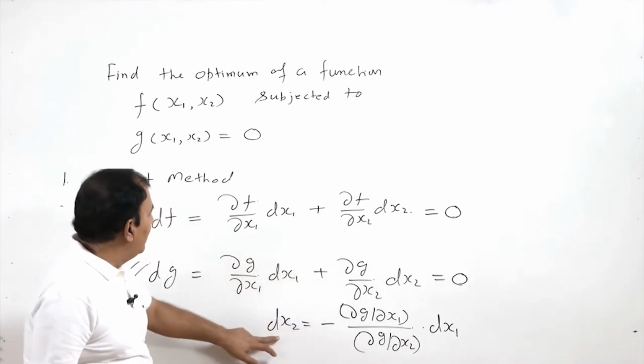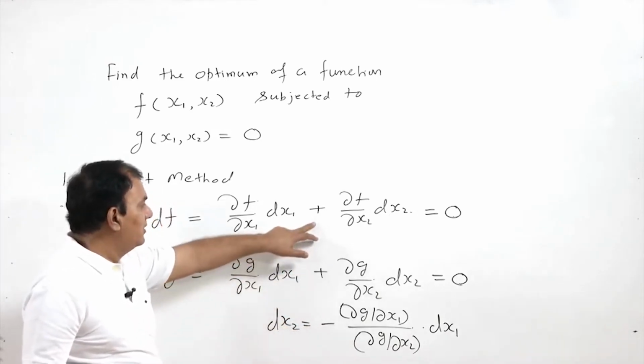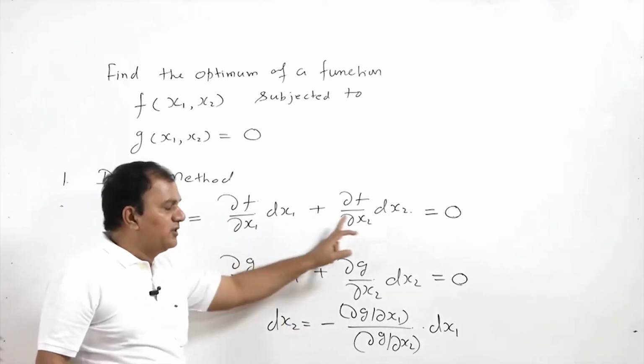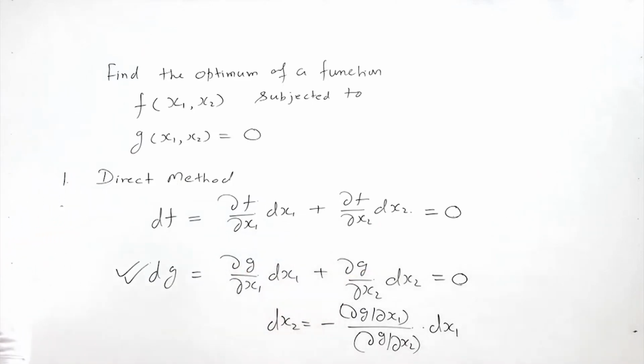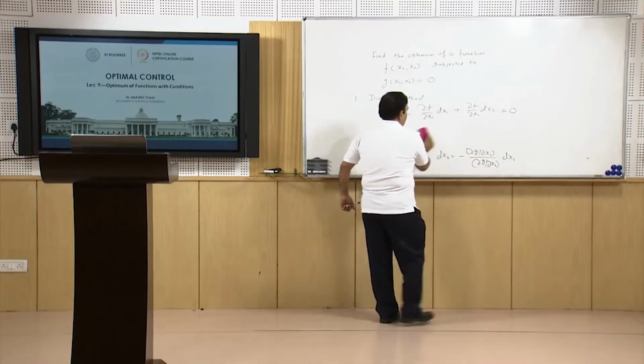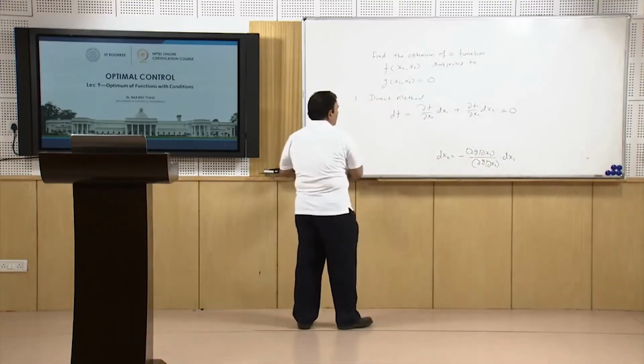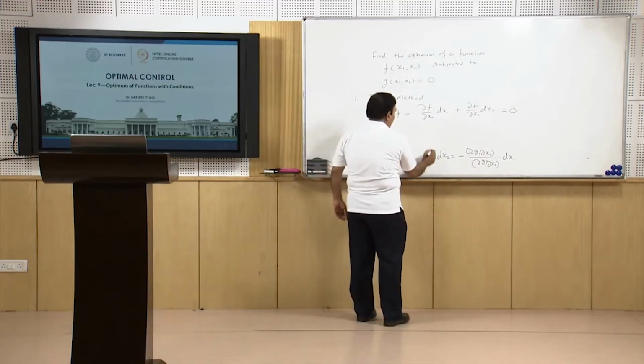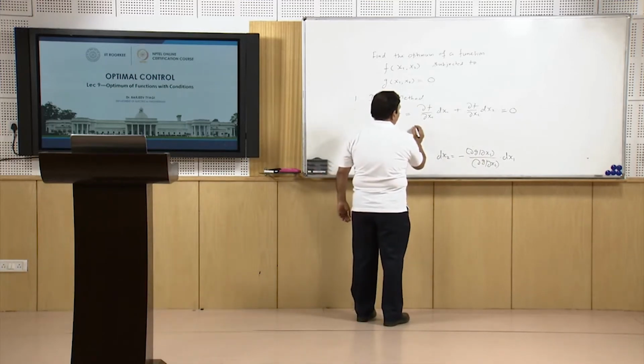Now, if I place the value of dx2 in this, my whole expression will be in terms of dx1. So, in the next step we will place this dx2 in df in this expression.